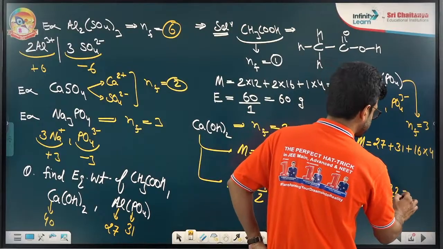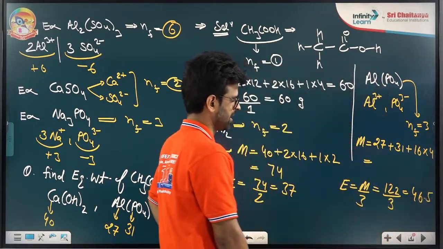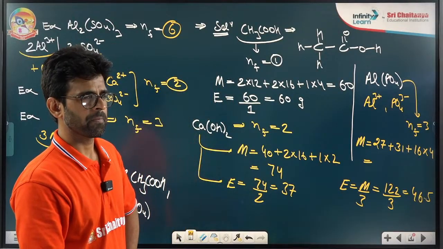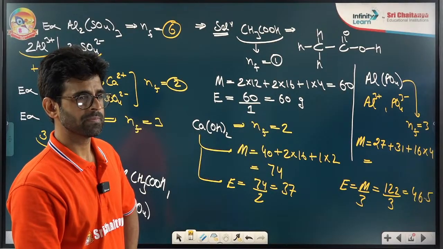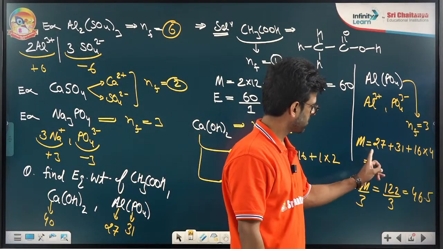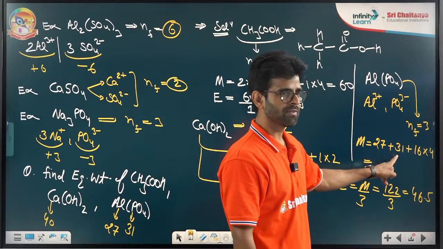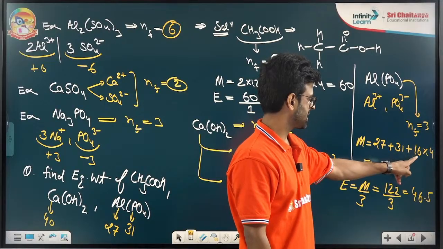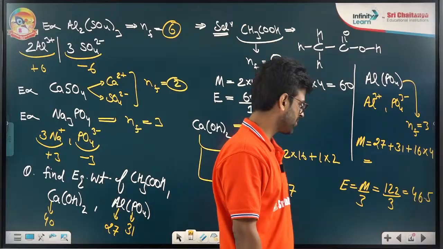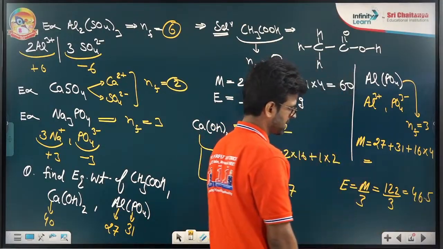You are saying 46.5? Sure? Aluminium 27, phosphorus 31, 16 into 4, right? 122 coming. Fine. Divided by 3. What is coming from here? 40.5 should come, I think.